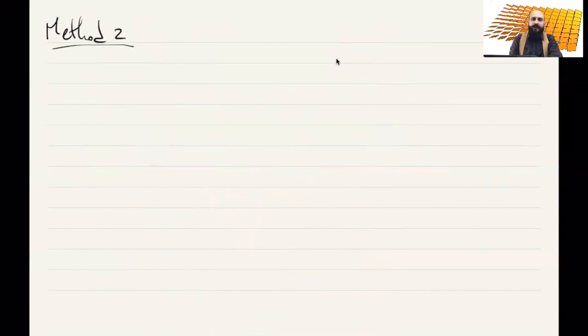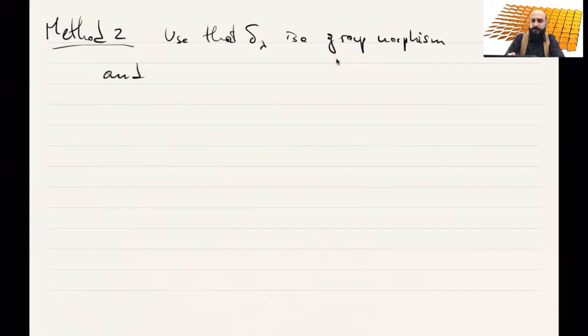So let's use the fact that we are in a homogeneous space, so we can left translate. Use that delta lambda is a group morphism, and that DCC is left invariant, in the sense that it's invariant by left translations. So what do we have?